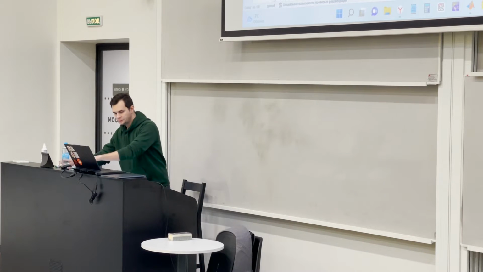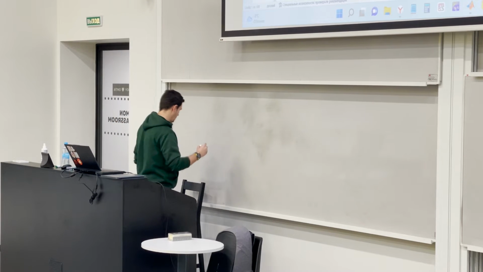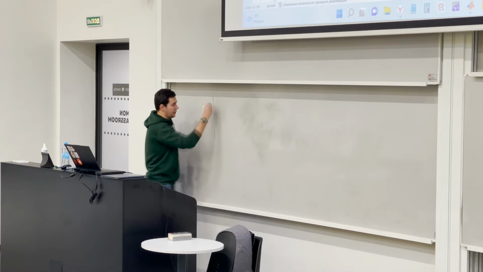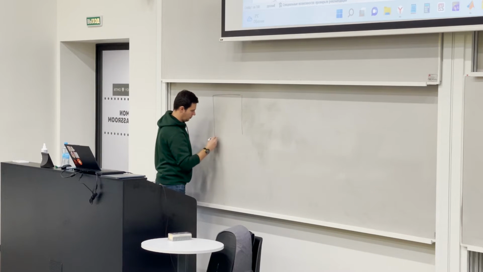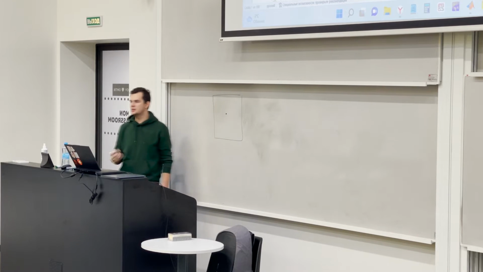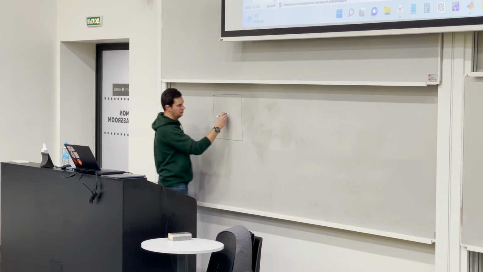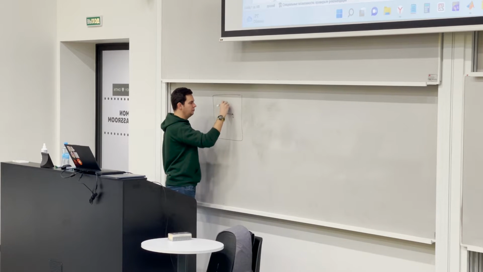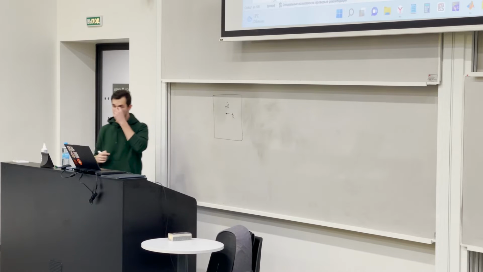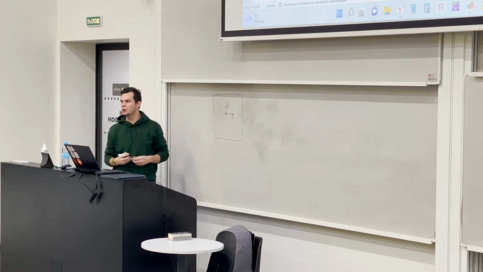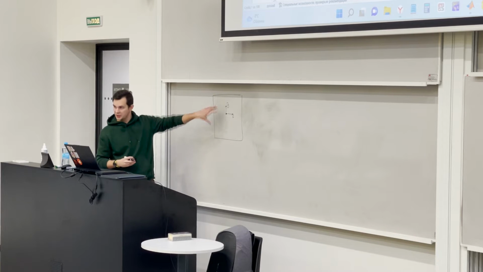Let's assume that we have a plane, and we have a point right here. It's able to move along the x-axis and y-axis. In the case that we covered, we had a rigid body, so it was also able to rotate.